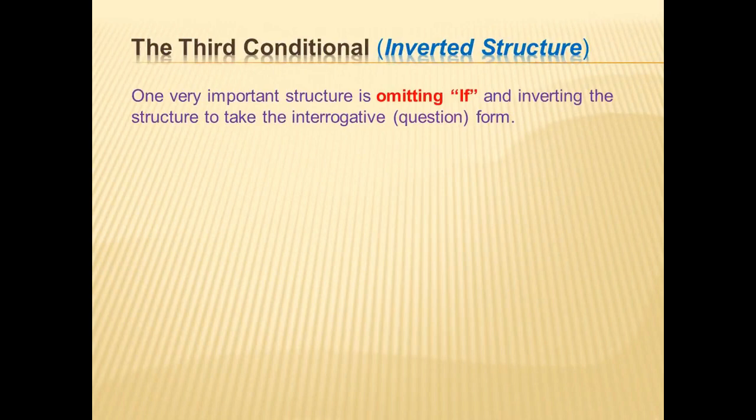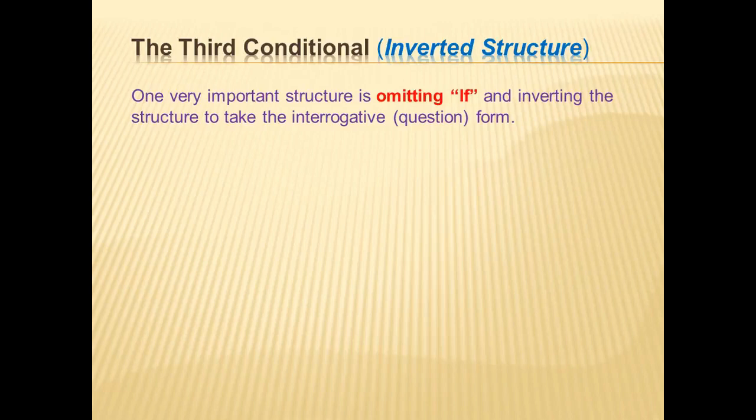You have to remember the inverted structure in the third conditional. One very important structure is omitting if. You can omit if and invert the structure, like an interrogative question.